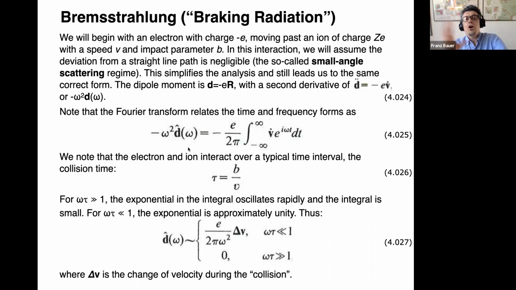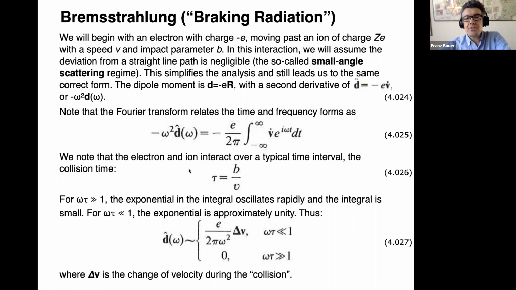And we recall that most of this interaction is going to occur over a relatively short time scale, which is related to the impact parameter divided by the velocity. I forgot to substitute a proper v here. This is velocity, not frequency.